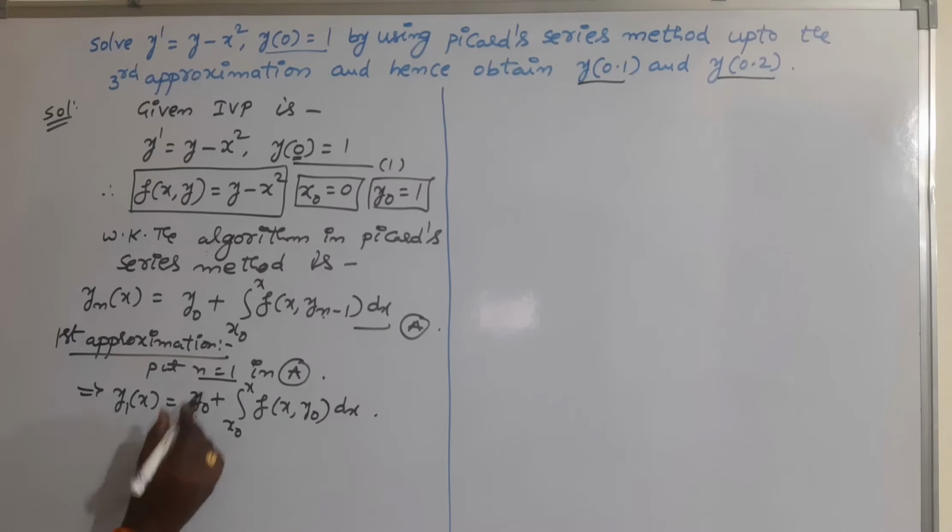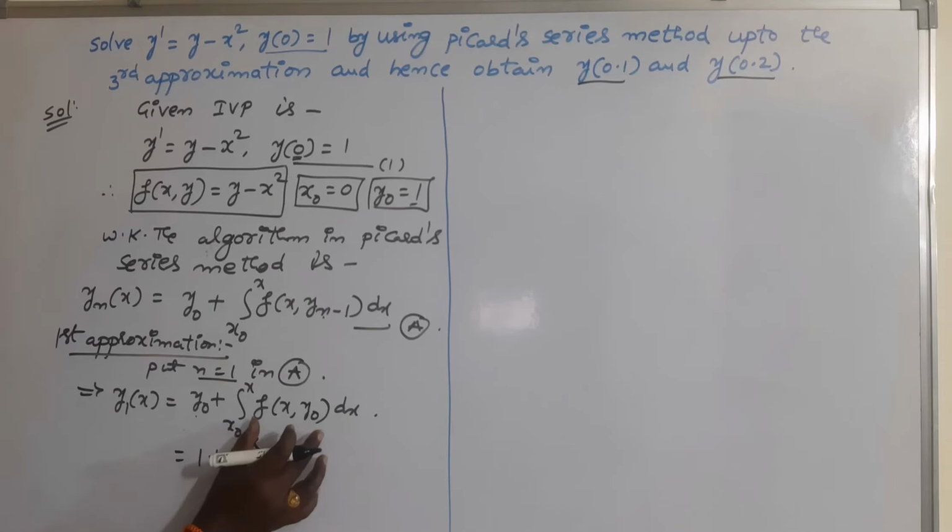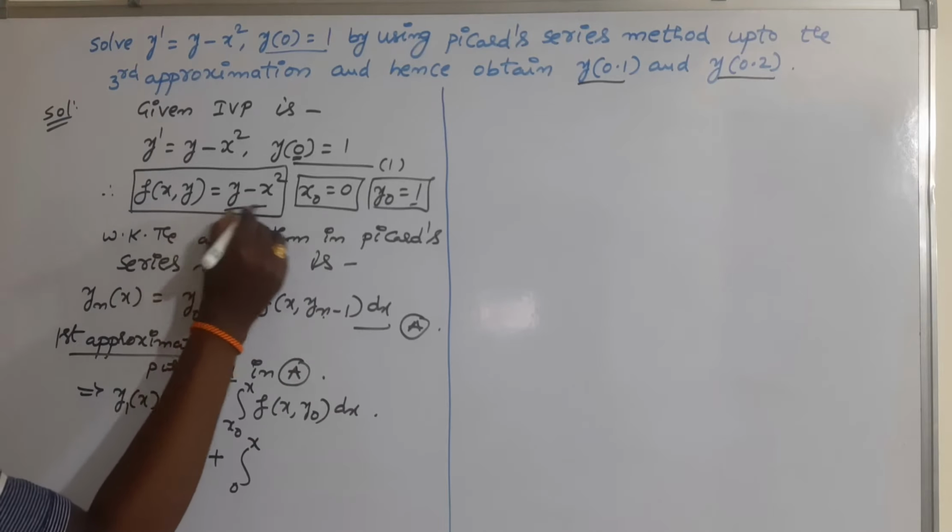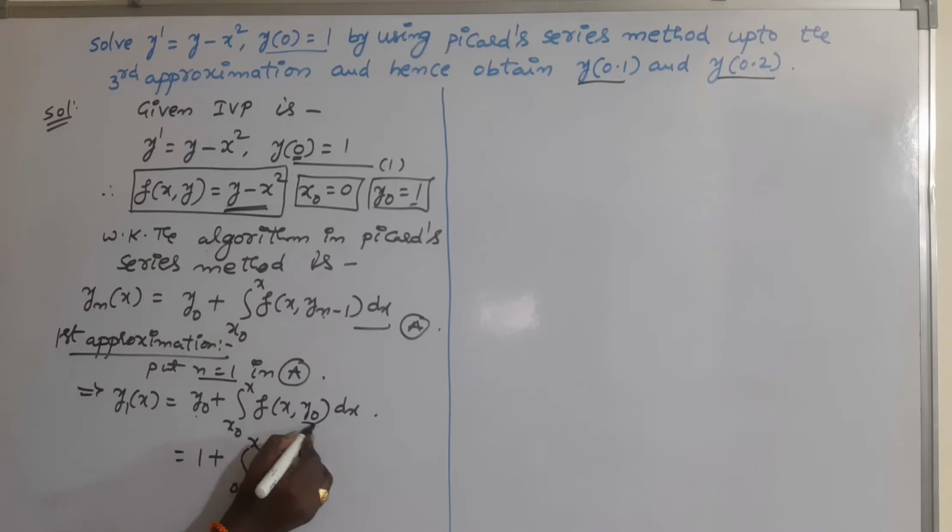Okay, what is y0? 1. 1 plus integral. What is x0? 0. So lower limit is 0, upper limit is always x in this algorithm. And what is the expression of f of x comma y0? In this function, whenever we have y, replace it by y0 and x by x only. So y0 minus x square whole into dx.